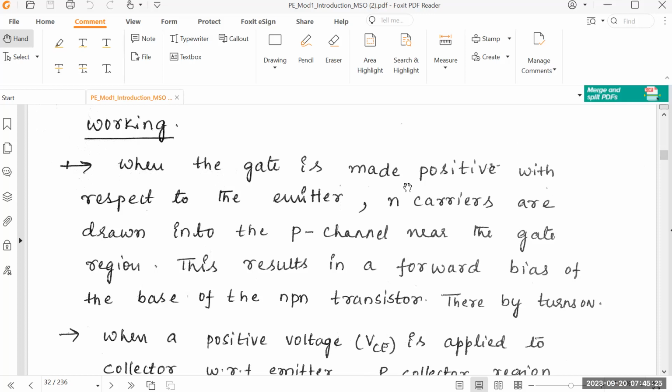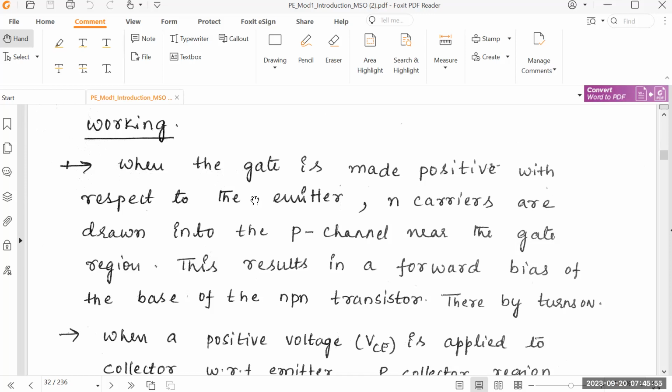When the gate is made more positive with respect to the emitter, you are supplying a more positive voltage, meaning the gate voltage is greater in the positive direction than the emitter. For example, if the emitter terminal voltage is +2 and the gate terminal is +5, it is called more positive.